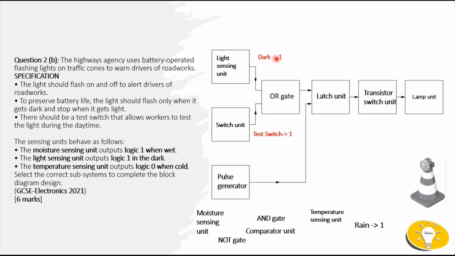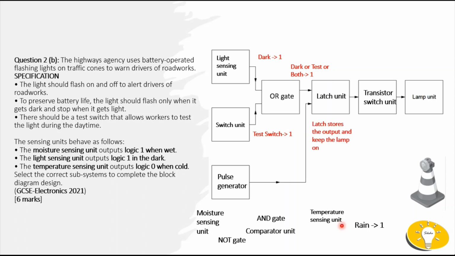If either input A or B or both are 1, then the output will be 1. So if it is dark or you are testing the light, or both, the output of this OR gate will be 1.